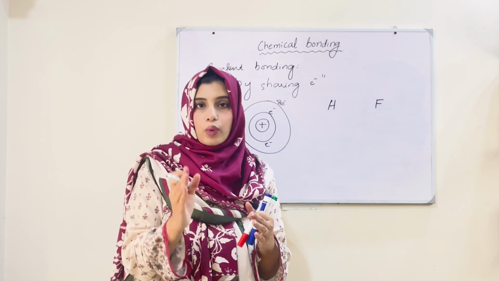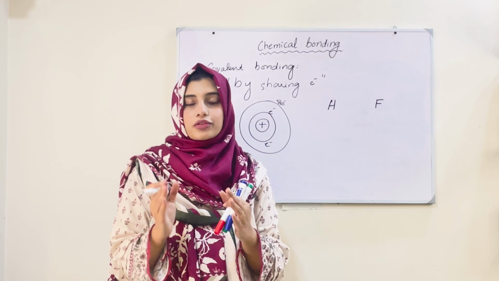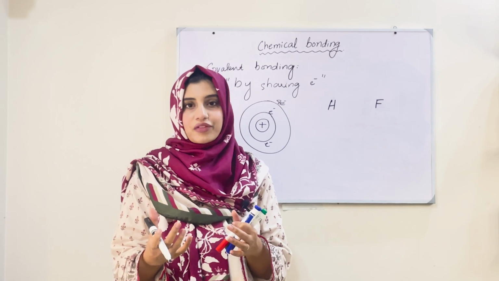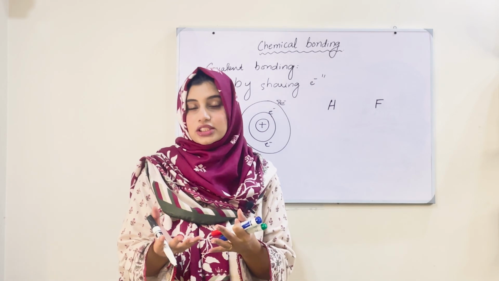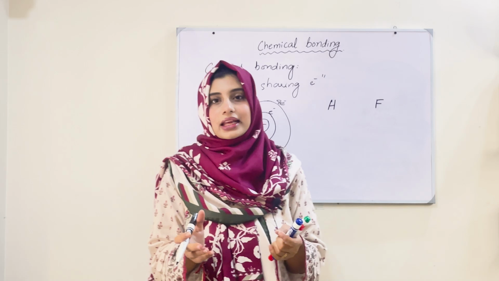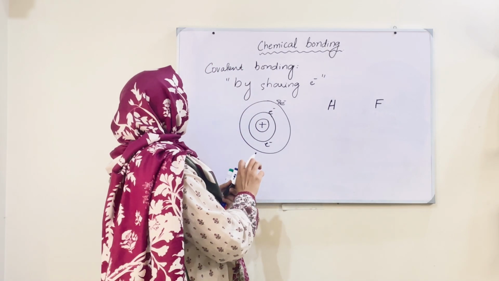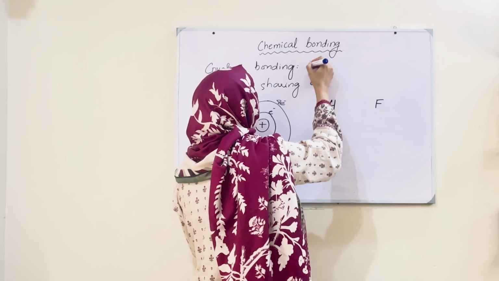That is why groups 1, 2 and 3 are metals, and groups 5, 6 and 7 are non-metals. Groups 1, 2 and 3 have a tendency to lose electrons, and groups 5, 6 and 7 have a tendency to accept electrons. So they form cations and anions and they combine. In this case, covalent bonding is always between non-metals, right?